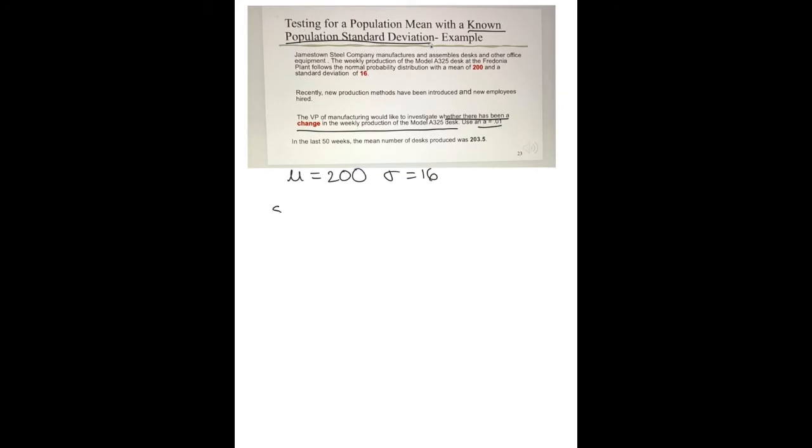So here we go, step one. Step one is to actually write in our hypothesis. H0, our null, and our alternate. Our alternate in this case is basically that the mean has in fact changed, and now the mean is different from 200.